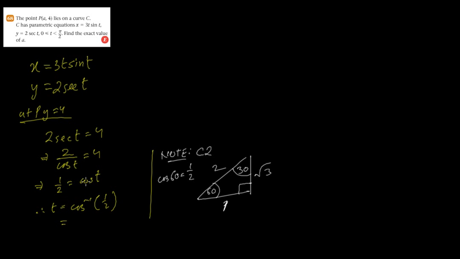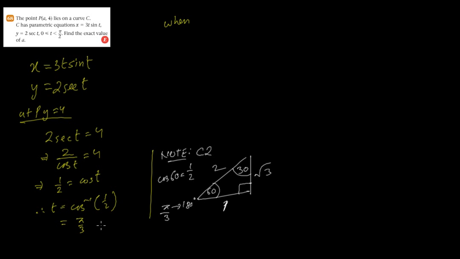So if you want to know cos something equals half, that means 60 degrees, and 60 degrees means, remember, pi by 3, because pi refers to 180 degrees, so pi by 3 means 180 by 3, that is 60 degrees. So this answer is going to be pi by 3. So once we know the value of t, it's pi by 3, now we can find the value of a.